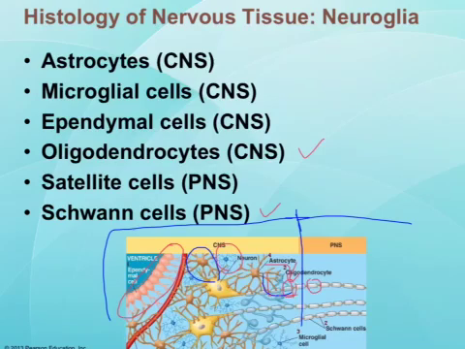That's one oligodendrocyte with different branches. One branch forms one myelin sheath, and the other branch forms another. But for the Schwann cell, what you can see here is one cell forming one myelin sheath. The satellite cell is not shown in this picture, but if you have a cell body in the PNS, then you will see the satellite cell.